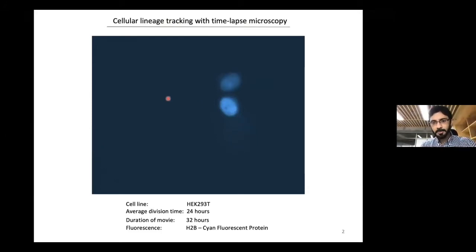What you're seeing are the nuclei of two HEK293 cells. These are human embryonic kidney cells. You're seeing the nuclei because I've stained them for an H2B protein, and that's the color that you're seeing. Let me play this movie for you.